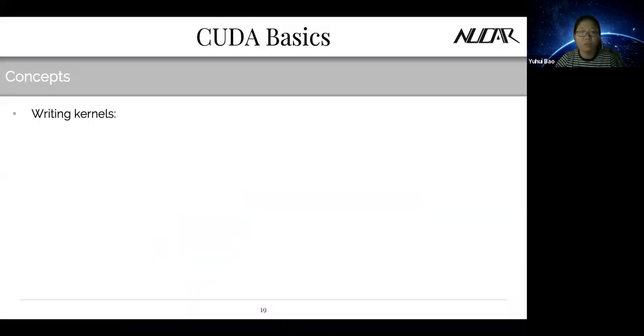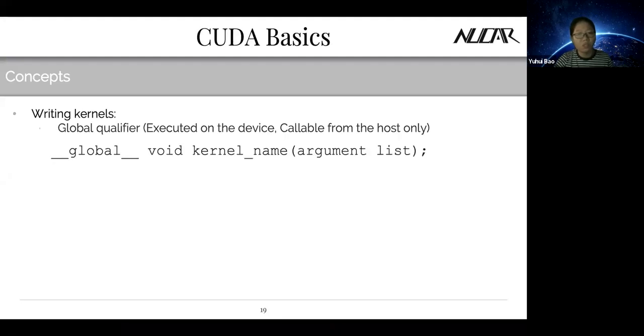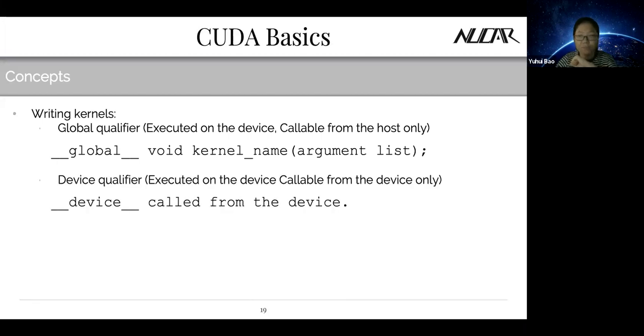When we talk about writing kernels, there are two qualifiers: one is global, one is device. Global means this is the kernel, which will be executed on the device and is callable from the host.